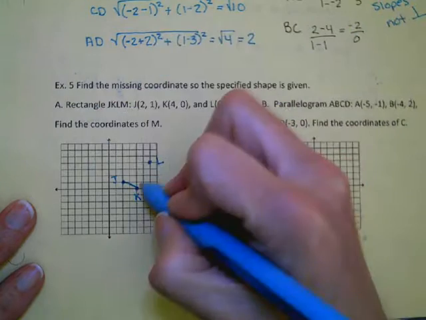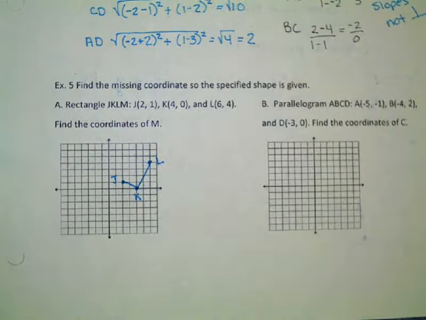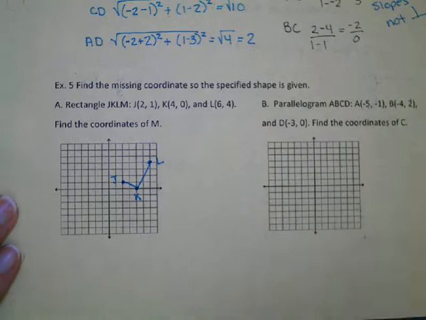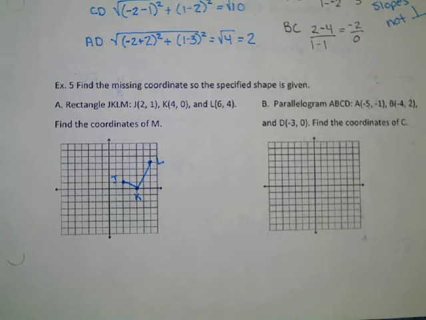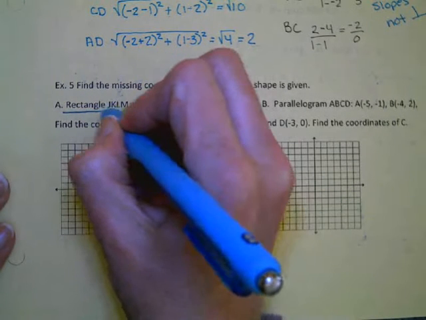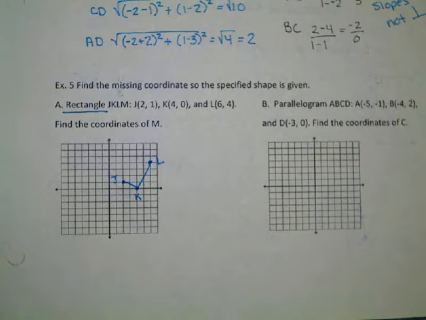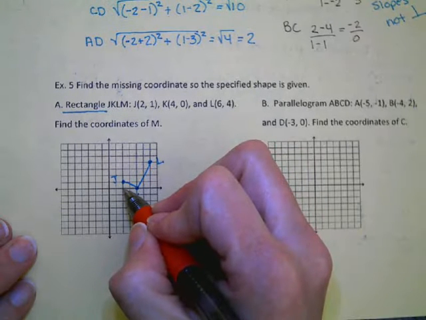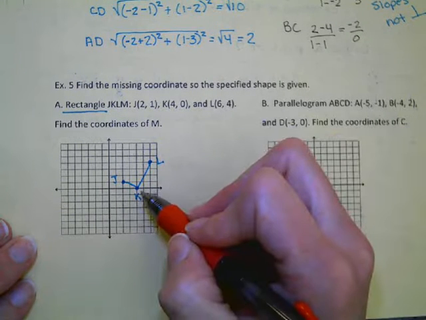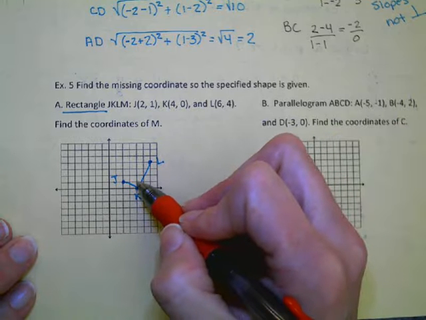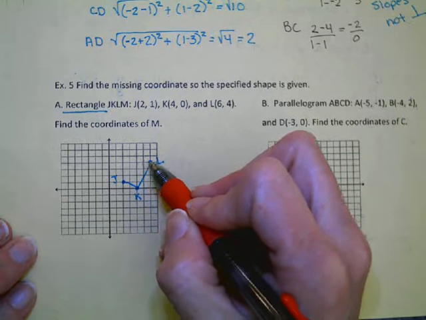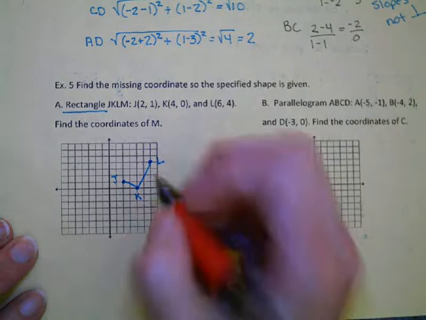Okay, so something that we know, based on that picture, we want to figure out where would point M go. Remember J, K, L. So I know point M has to go in this area. So the thing that we know about a rectangle, opposite sides are congruent, but we also know that slopes are perpendicular. So if you look at this, the slope of this line is down 1 over 2. Or you can say the slope of KL is up 1, 2, 3, 4 over 2.